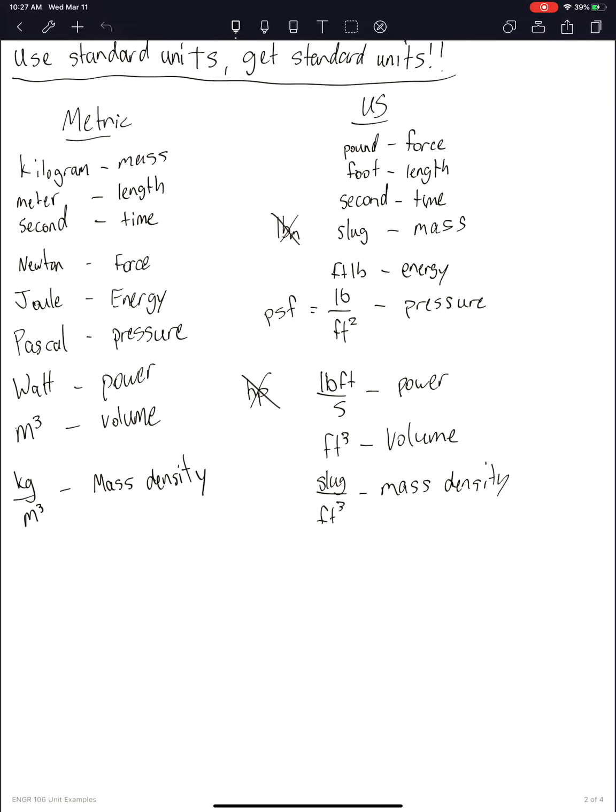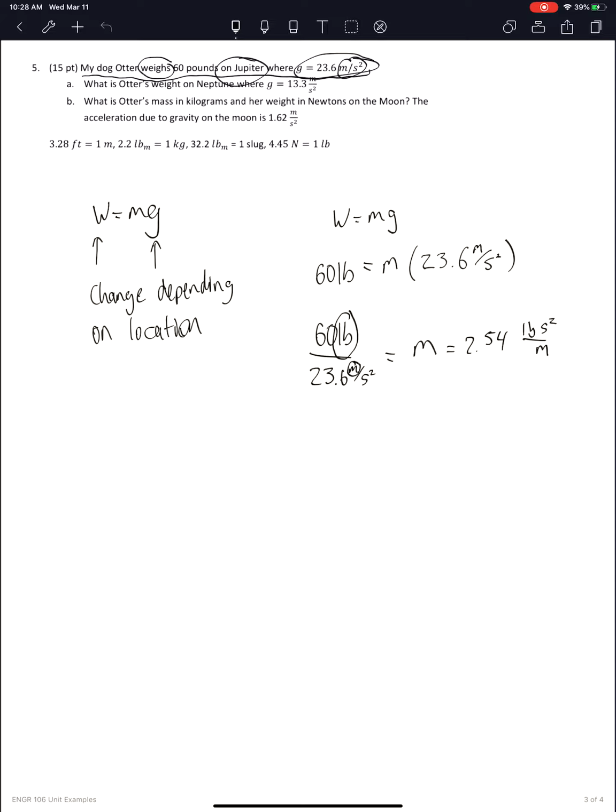If I move over, you might think that pound lines up with mass, but it doesn't, because this is a force and this is a mass. Pound lines up with Newton because they are both forces. So let me erase all this stuff. Pound is not a mass. I will do both. So my first conversion will be feet to meters.